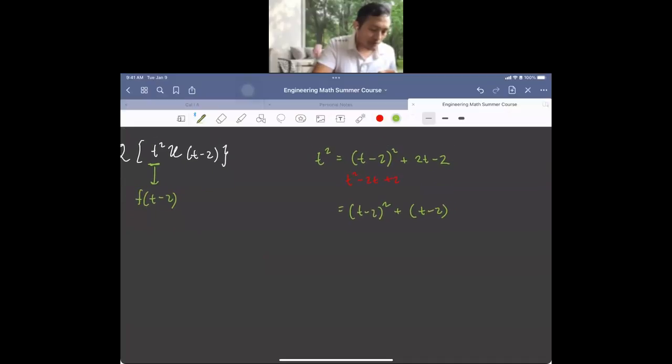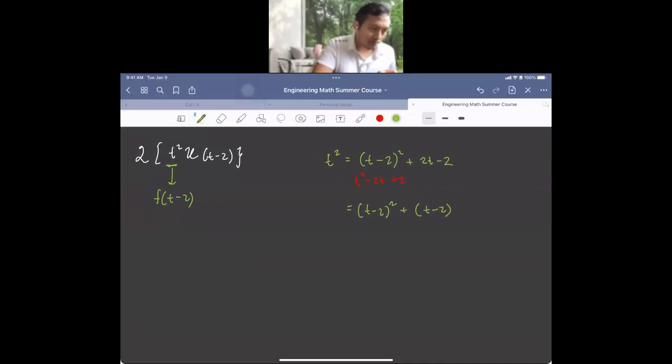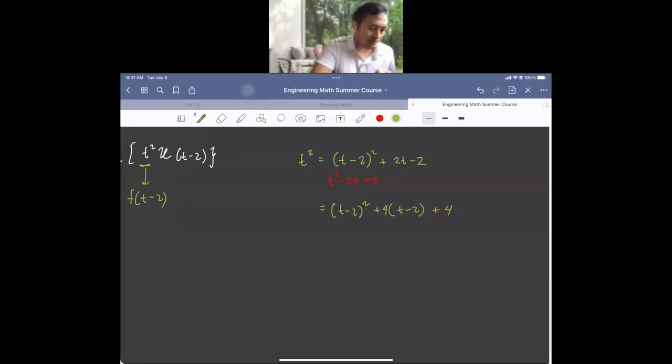But of course we are going to have another, let me just write 4 with that. Okay, so 4t minus 2, so it is going to have plus 4. So we are going to have this as our function.